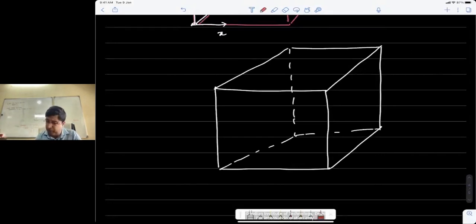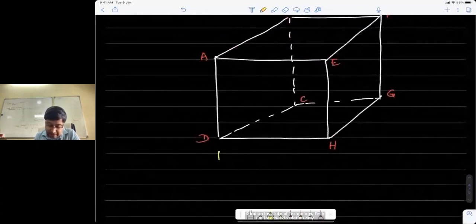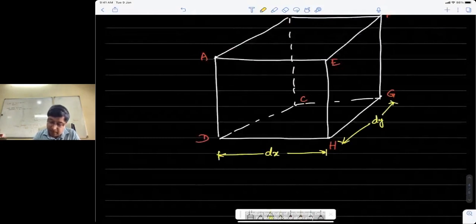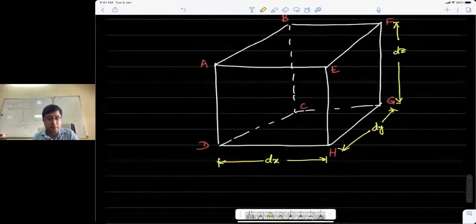I will label a few faces because I would need that to explain to you how things are working. So let's say A, B, C, D, E, F, G, H. Now remember the coordinate system that I have used. So I'm going to say that the faces have certain lengths. So this face has a length dx. This has a length dy, and let's say this has a length dz. Okay.